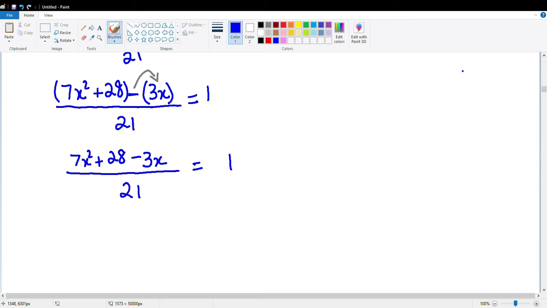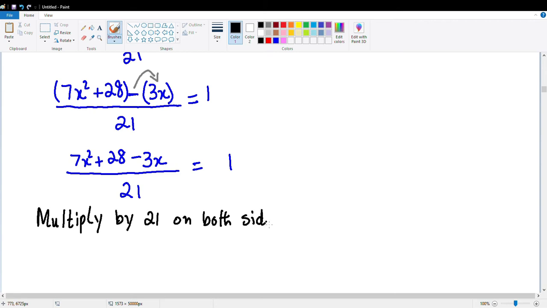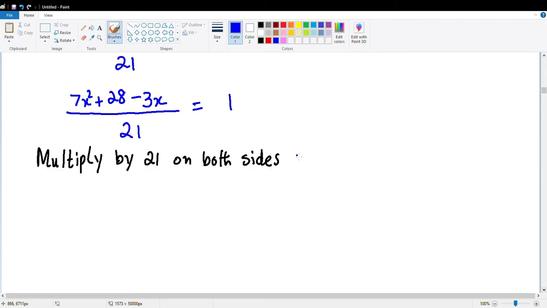But now we want to get rid of the denominators, and there's actually only one. To get rid of the denominator, we're going to multiply by 21 on both sides. When we do that, this denominator will disappear from here, and it'll pop up over here.